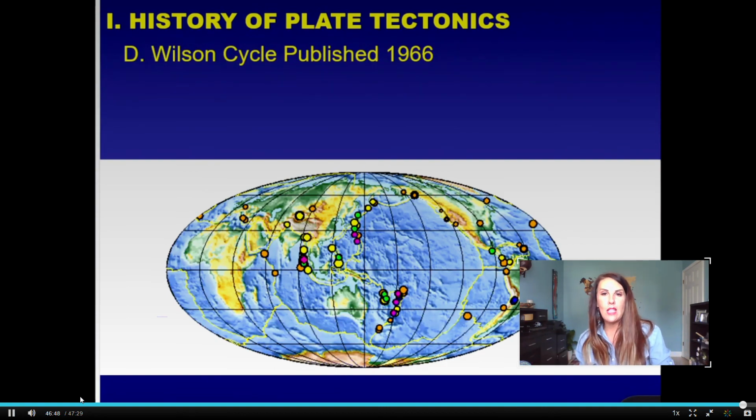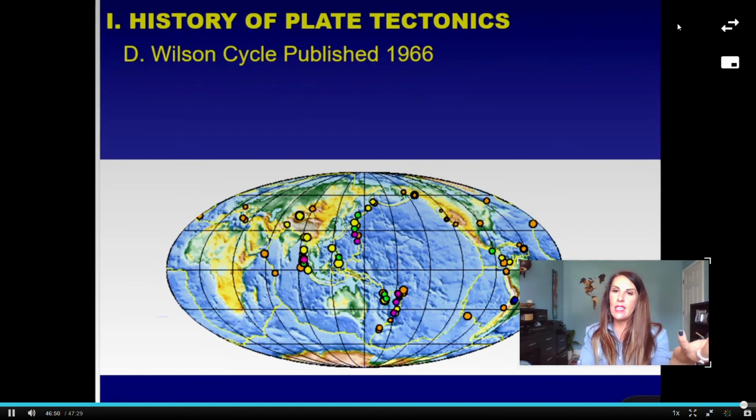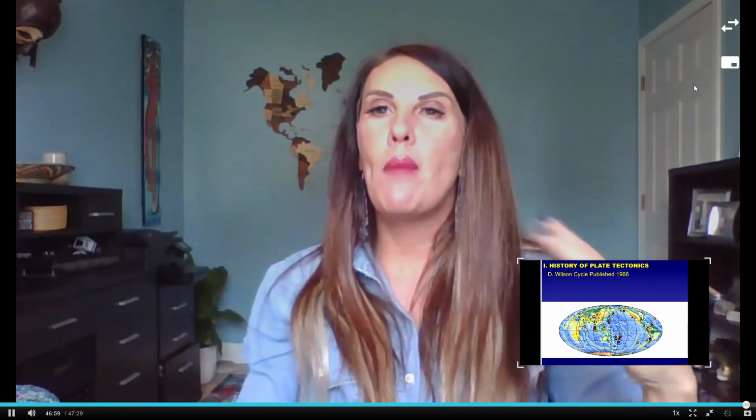So I hope you understand that this idea in 1968 was revolutionary. And yet again, what had to happen was we had to overcome a technological boundary. So we had to have the mapping of the sea floor in order to understand that the Earth is organized into plates and that those plates have some type of motion.